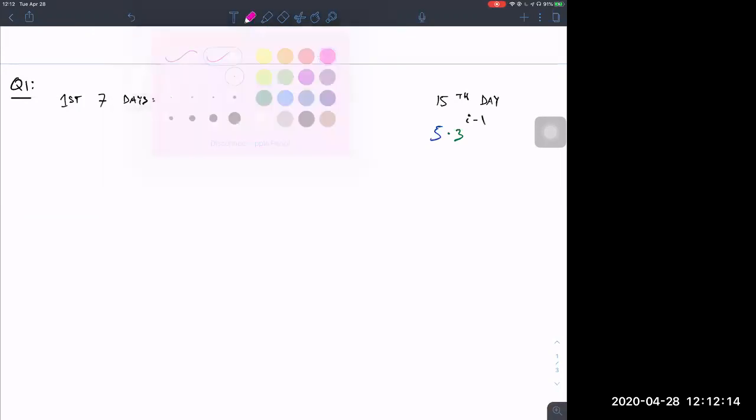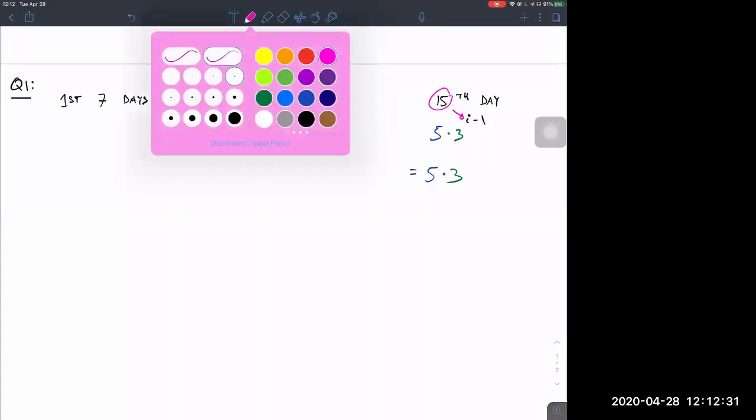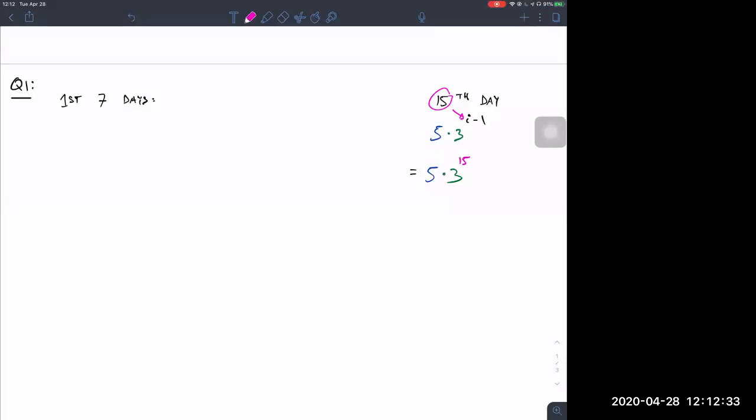Therefore, you take this 15 and plug it in here. And then it becomes 5 times 3 to the 15 minus 1. And if we need to be that deliberate, it just basically means 5 times 3 to the 14. So when you calculate this, I have the answer right here.